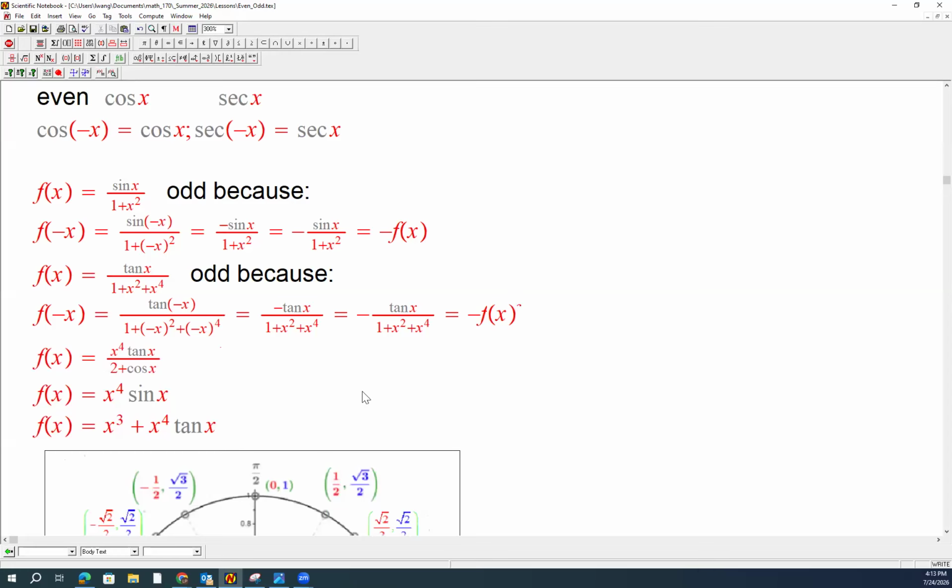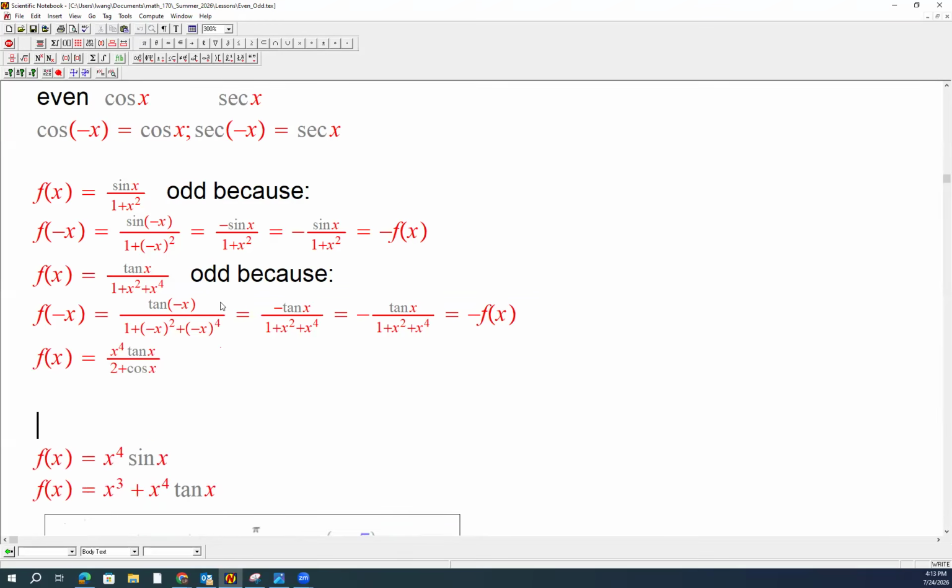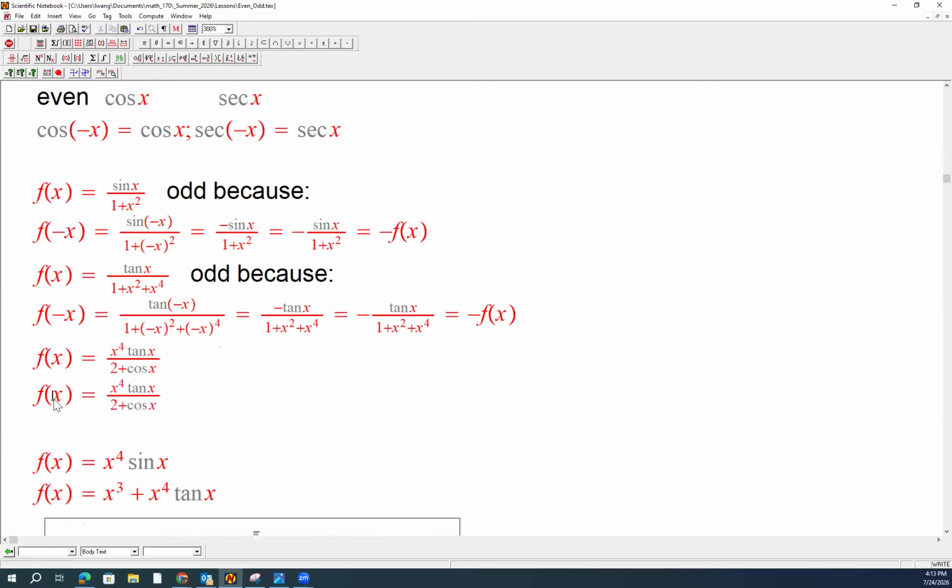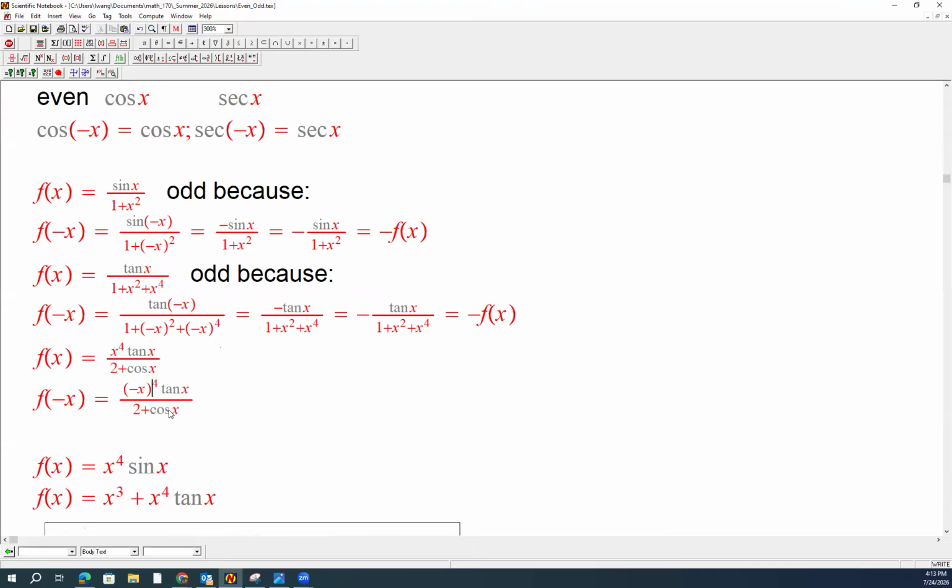Now, the next one. Is it even or odd? We're going to do the same thing. So f of negative x, everywhere x will be replaced by negative x.